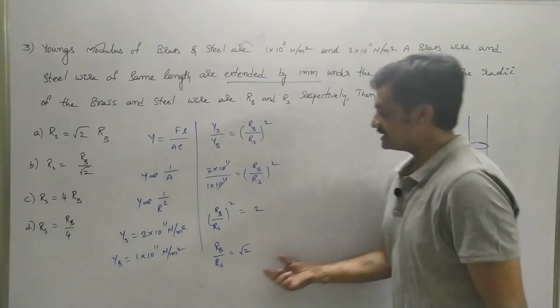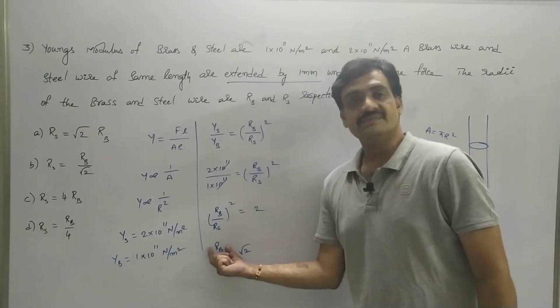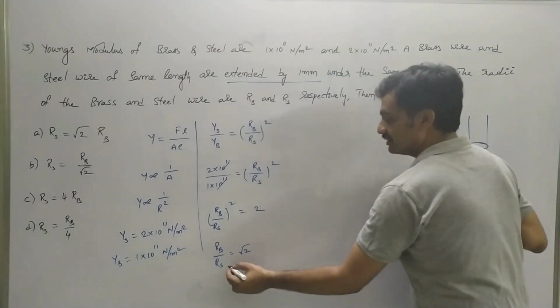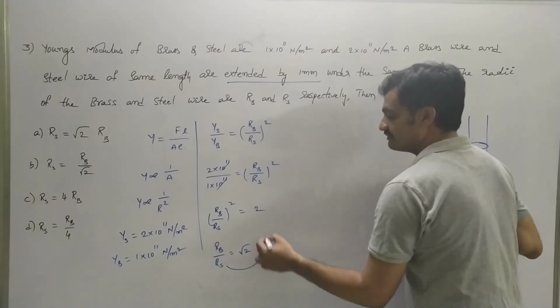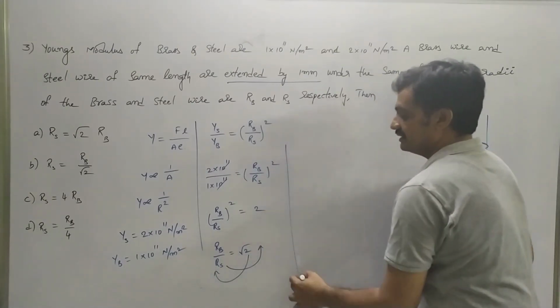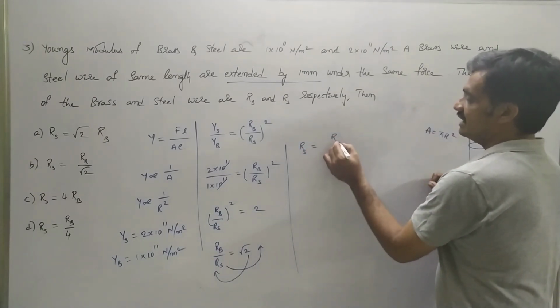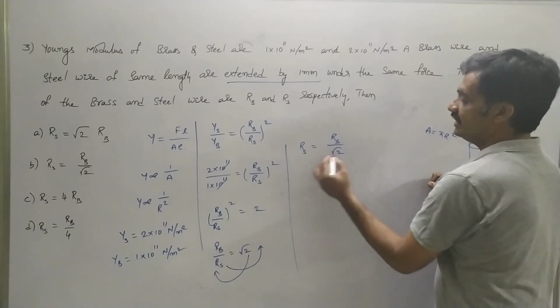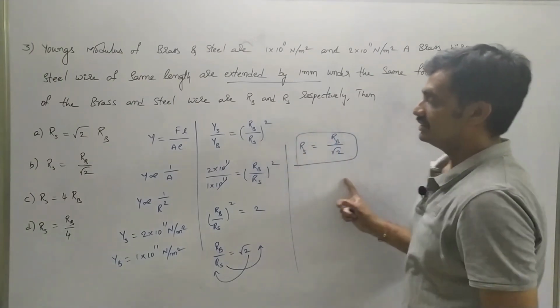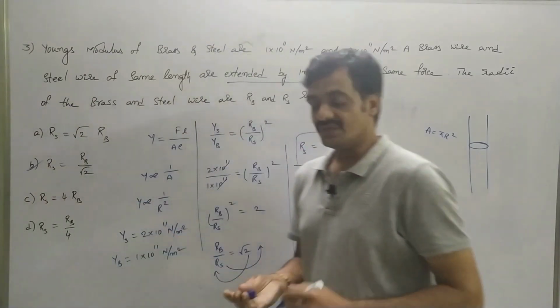Now we have to represent the answer in terms of the radius of the steel with respect to the radius of the brass. So I am going to bring this r_s to this side and send this root 2 to the other side. Then r_s is equal to r_b by root 2. So the option is B. Take a screenshot, we will continue.